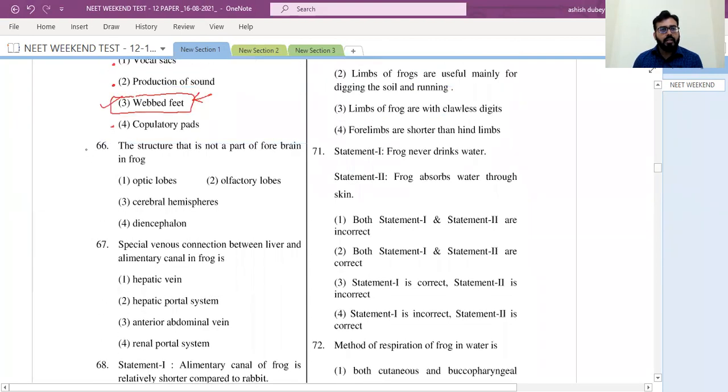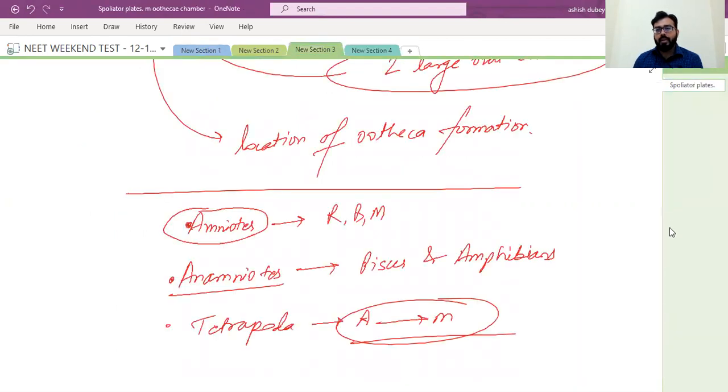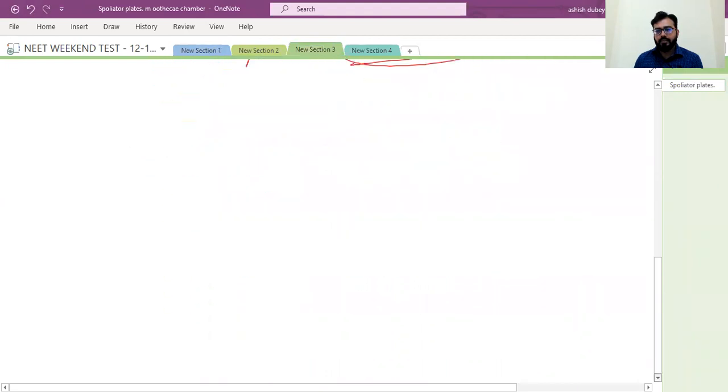Then the 66th question. The structure that is not a part of forebrain in frog: optic lobe, olfactory lobe, cerebral hemisphere, diencephalon. See, for this, you should remember this flowchart. The nervous system in frog has CNS and PNS.